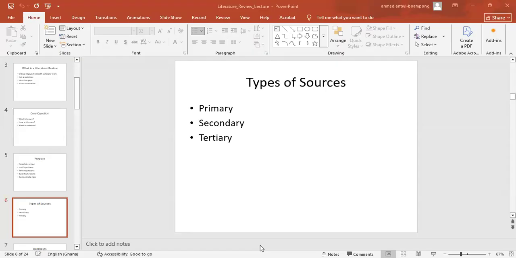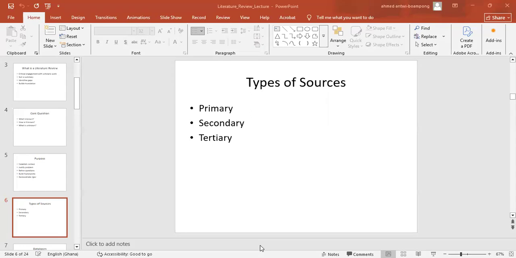Summaries that we get from textbooks. All right. You can get your sources from textbooks, book chapters, and so on and so forth. Okay. But at your level, your focus must be what? On primary sources.